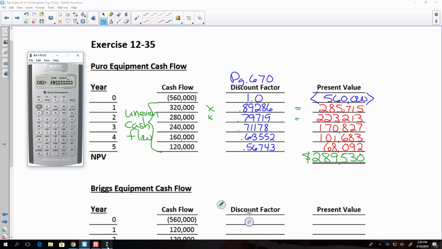The interest rate that's desired is 12. So enter the 12% for interest, down arrow. You should get NPV and then hit compute.